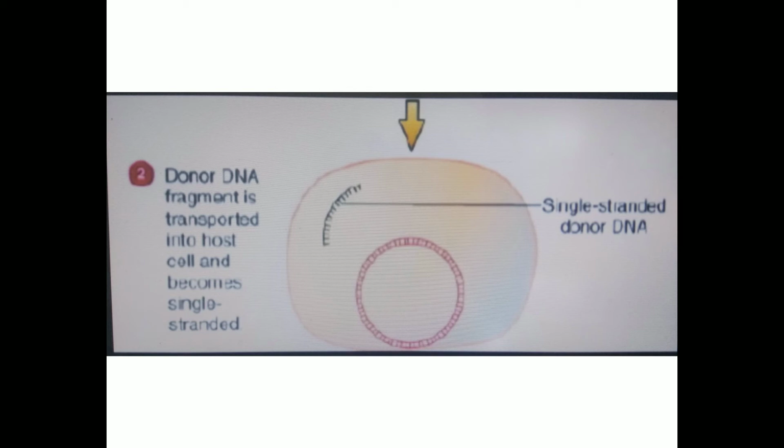When it enters through the bacterial surface, it becomes single stranded. That is why the second point says: donor DNA fragments, which are double stranded, are transported into the host cell and become single stranded.